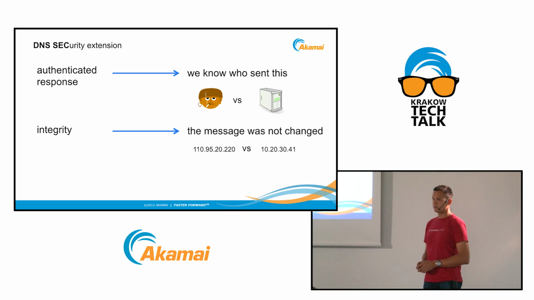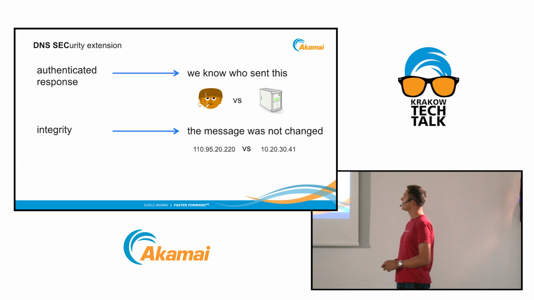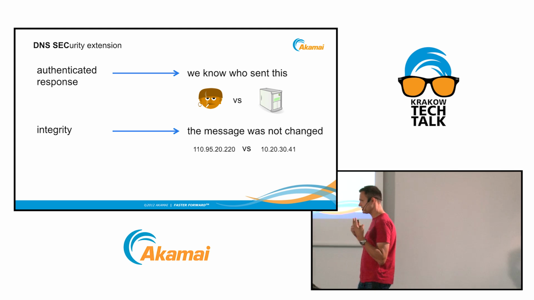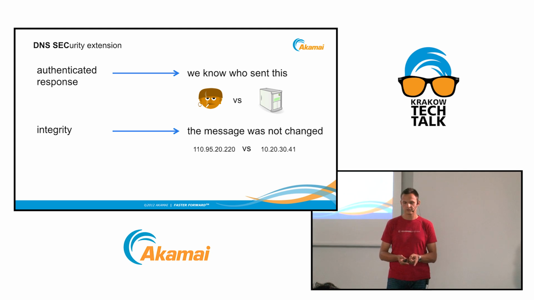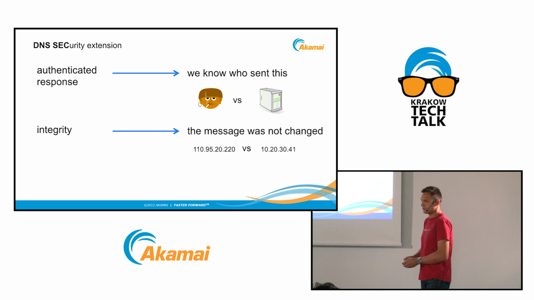It can authenticate our response. So for us, it is important because we exactly know, or our computer knows, who sent that information. Our computer can judge whether the information was sent by the authoritative name server, or a bad guy.